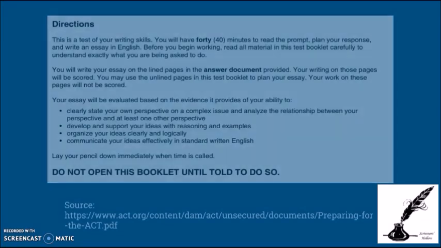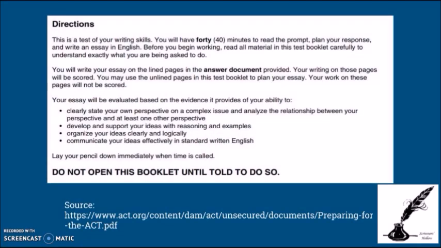All right, so first of all, let's take a quick look at the actual directions for an ACT writing exam. You don't have to read all of the details. You can pause the video and do that if you'd like, but I just wanted to highlight a couple of things. First of all, you'll see that you have exactly 40 minutes to read the prompt and to prepare your essay.